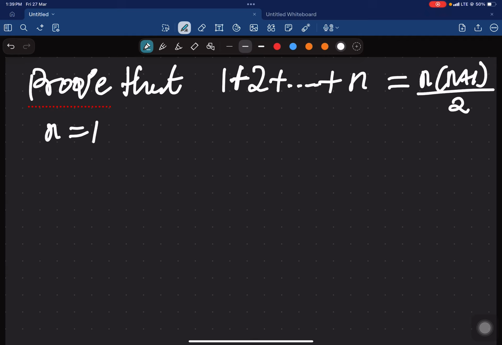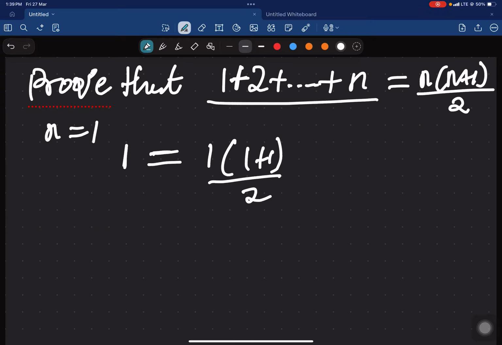Now let's check. If n equals 1, then what we are going to get at this part of the equation is just 1. Now let's substitute n equals 1 into this part of the equation, then we get 1 into 1 plus 1 over 2, which is equal to 1 multiplying 2 over 2, which is 1.